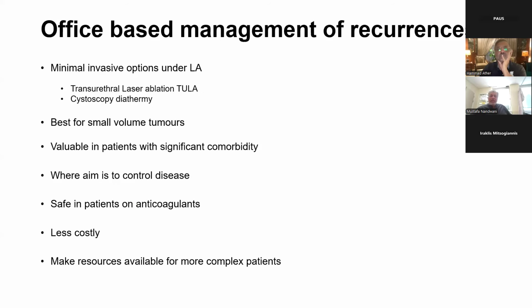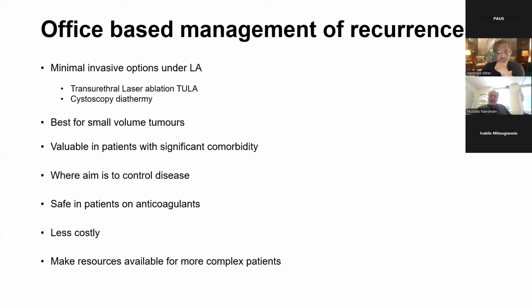So that's why the minimally invasive option gaining popularity is local anesthetic cystodiathermy, which is done through the urethra and can be done by laser or standard diathermy as well. This is best for small volume tumors, particularly in high-risk patients, and where the aim is to control the disease.